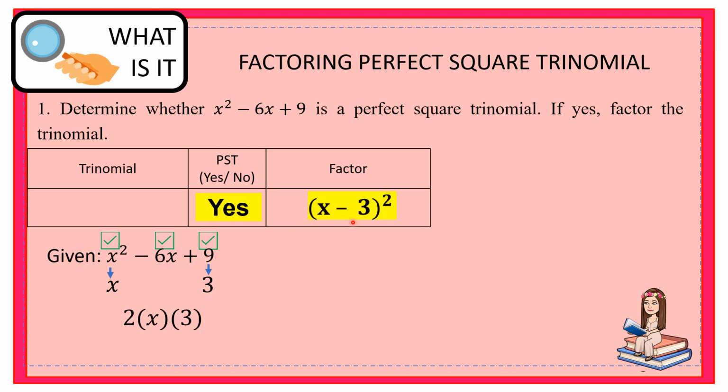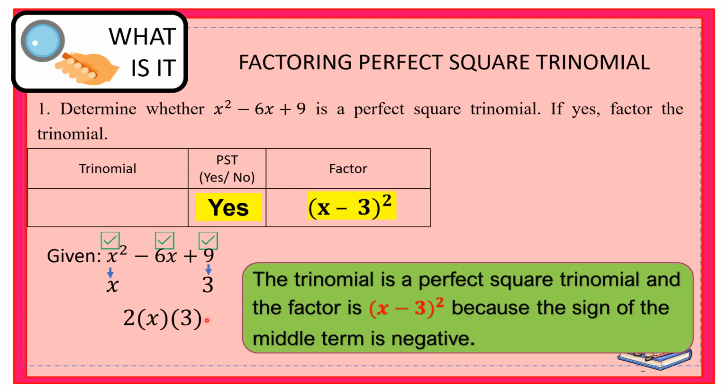So, the factor is x minus 3 squared. Ulit copy x, yung unang square root, then follow the sign of the second term, and then copy the second square root, 3, and then express that as square.